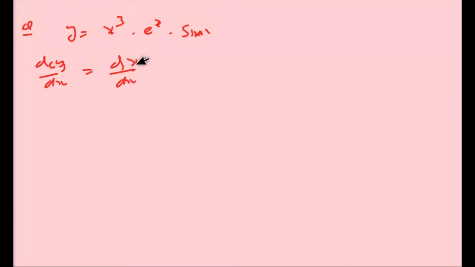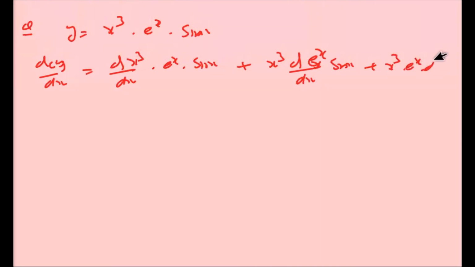One more question where we will use the product formula. Let y equal to x cube into e to the power x into sine x. Now you know the product formula: differentiate the first multiplied by second and third, plus first and differentiate the second multiplied by third, plus first into second into differentiate of third.